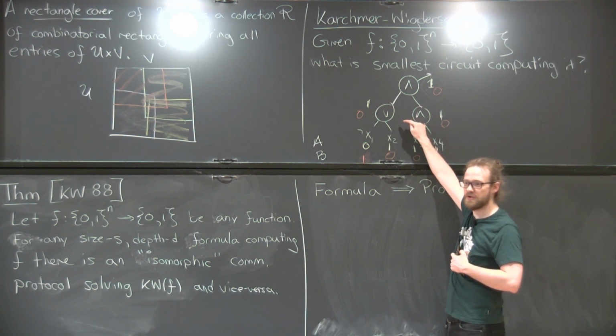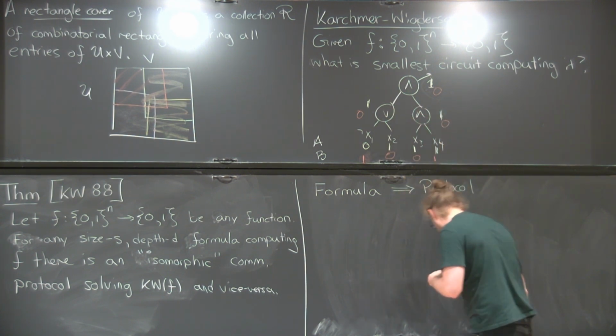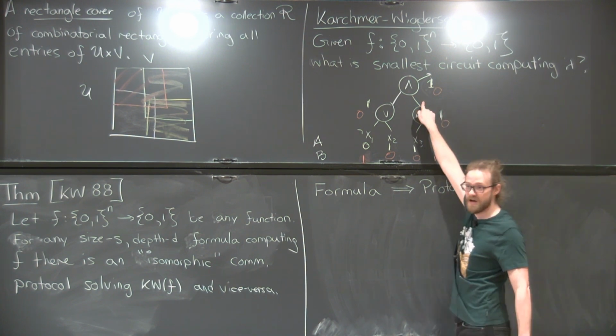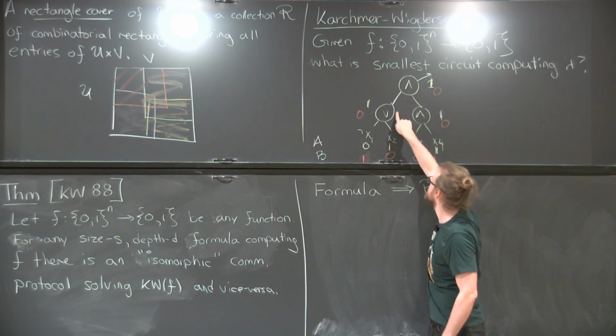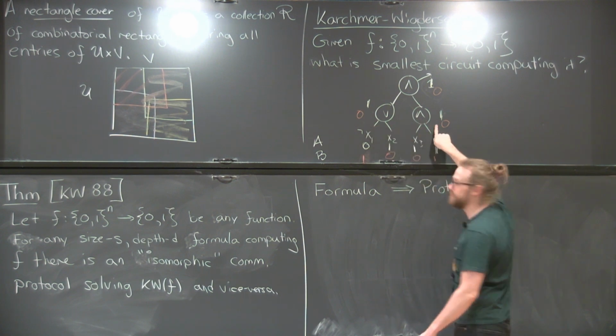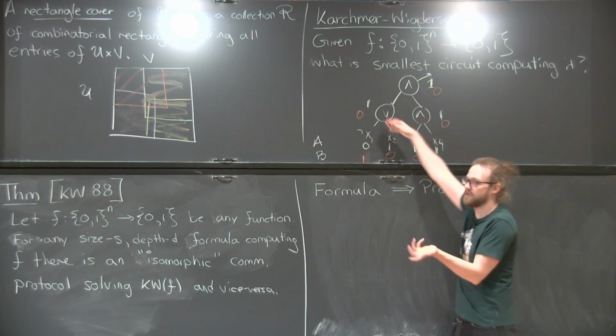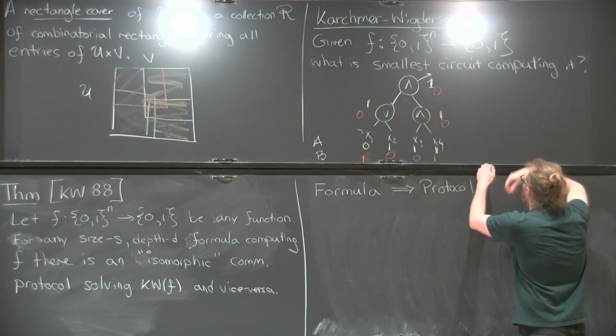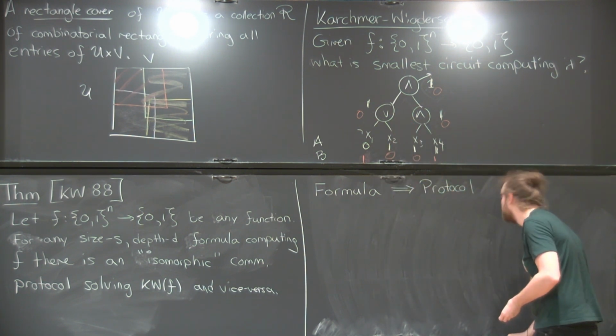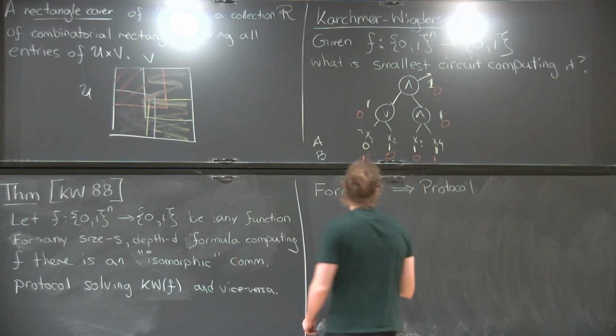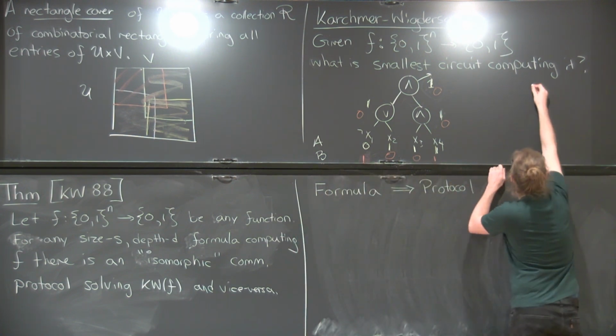So whenever we're at an AND gate, Bob will talk, and he'll send Alice to whatever input node he received a 0 from. If they're both 0, he'll just say the left one.